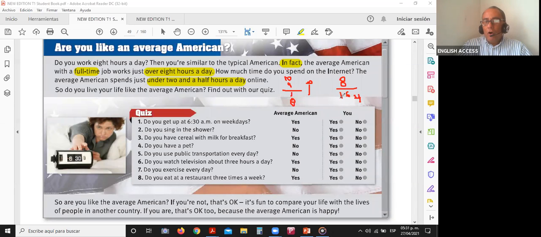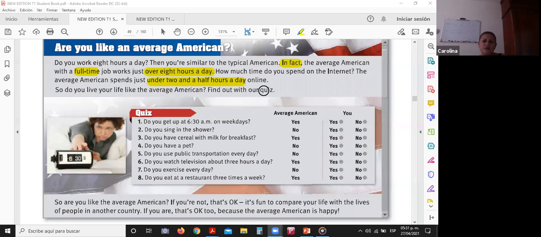So I am under. Over means going up. Under means going down. Más o menos. Over 8 hours a day, más de 8 horas al día. Under 2.5 hours a day, menos de 2 horas y media. Okay? Is there another word here that is new for you guys?